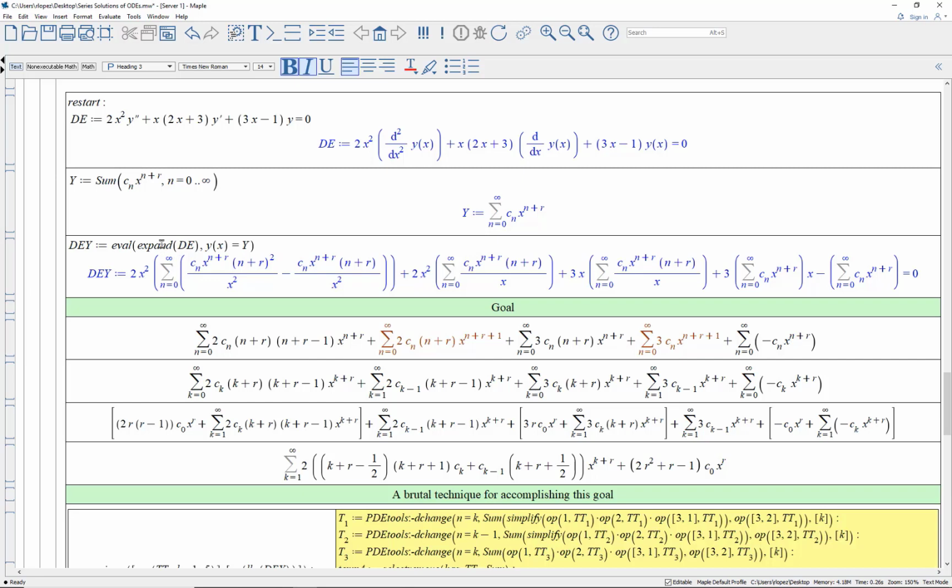So I have found that I had to do this. I've tried many things. Expand, then evaluate. Why am I expanding? Because you have a multiplier here and a multiplier here. Expand, then substitute.